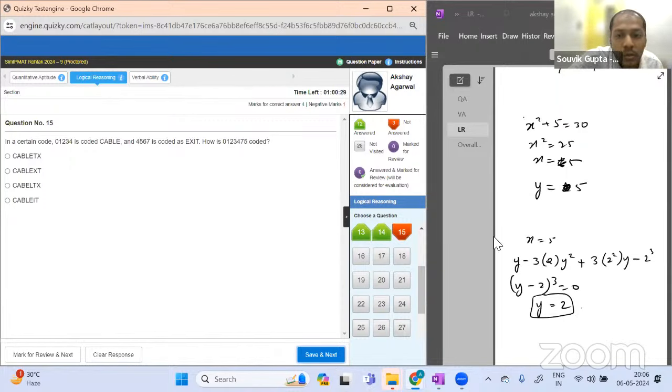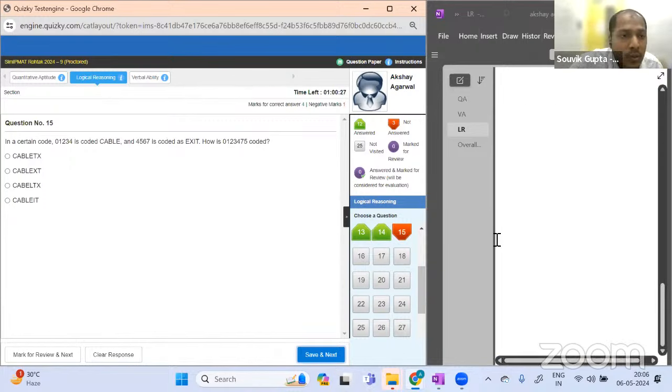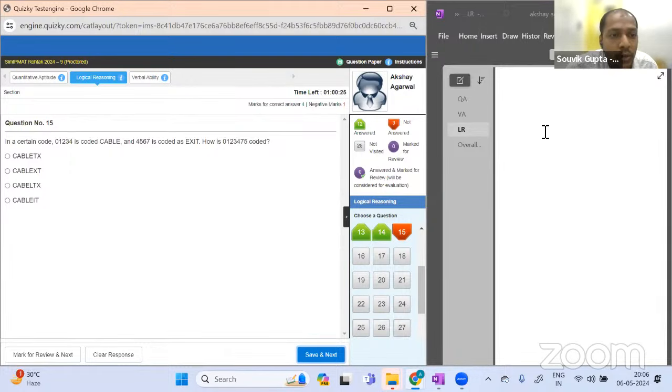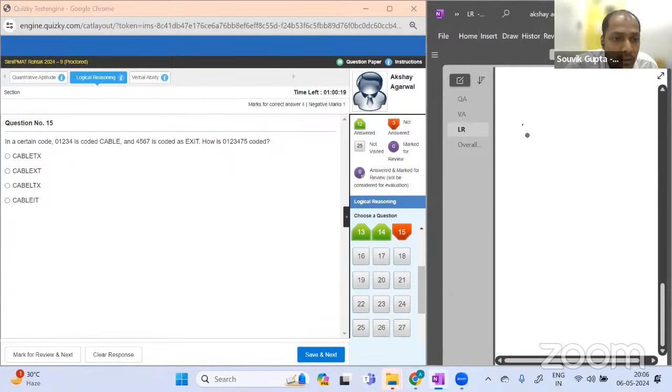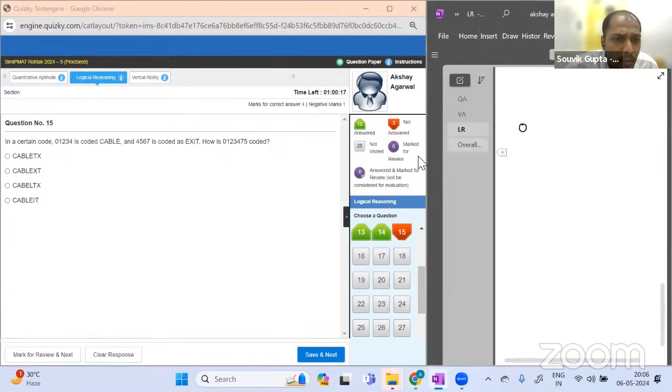In a certain code language, in a certain code, 0 1 2 3 4 is coded as cable, 4 5 6 7 is coded as exit. Cable and exit में कुछ common है क्या? E and E are common, and 4 is also common.